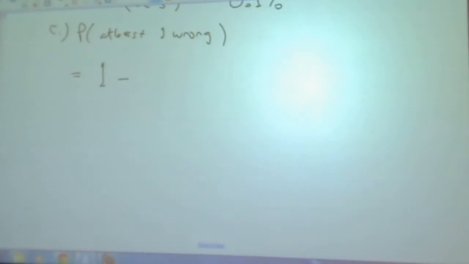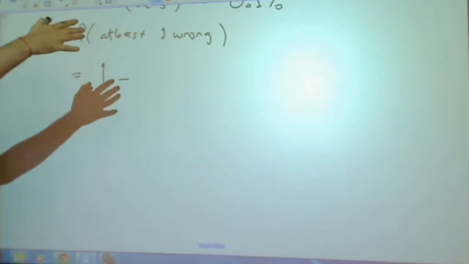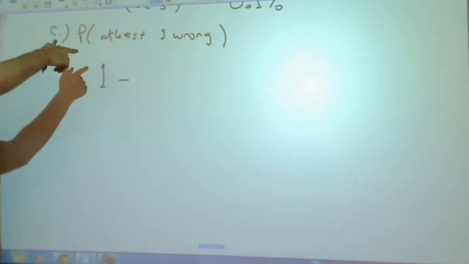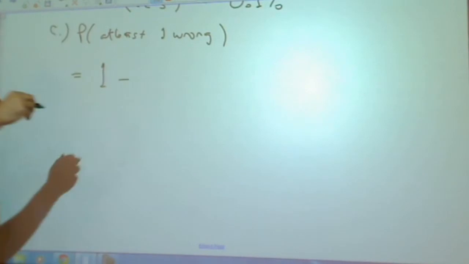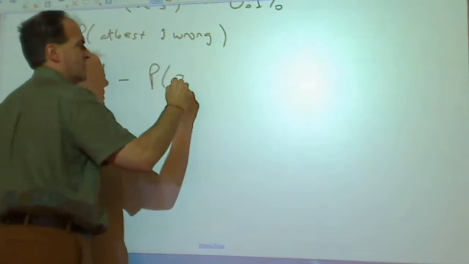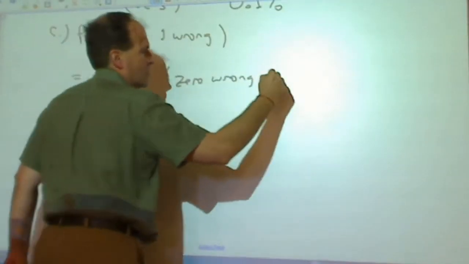At least one wrong means 1 wrong, or 2, or 3, or 4, or 5. This is 1 minus 0 wrong, or all correct. It's the same, depends how you think of it. So 0 wrong is all correct.